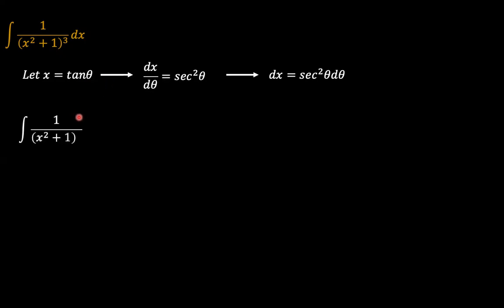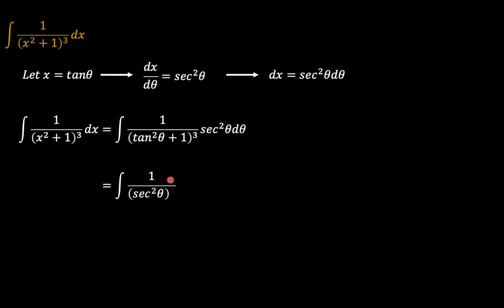Now, substituting in for x means that we have the integral of 1 over (tan squared theta plus 1), all that cubed, times, in place of dx, sec squared theta d theta. For those of us who know this identity, tan squared theta plus 1 equals sec squared theta, we can now put sec squared theta in place of tan squared theta plus 1.